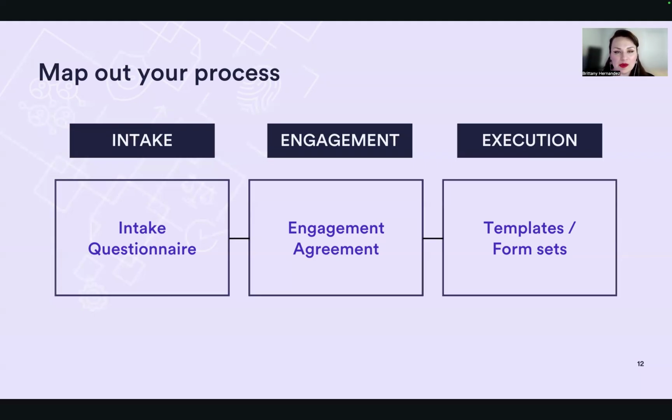So if we map out this process, then we can get more strategic about how we automate it. For example, knowing the importance of having their basic information collected in a strategic way that allows us to repurpose and reuse it in the future, such as in our engagement agreement. And then from there, taking the same information and pushing that into our other templates and form sets.